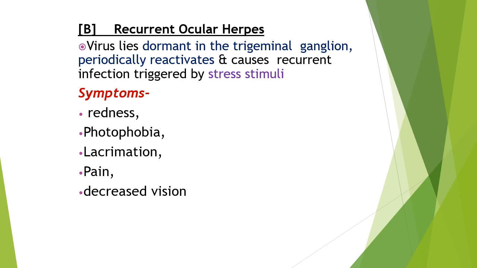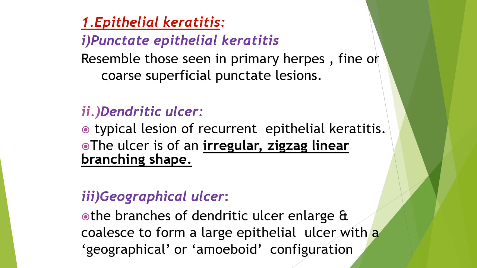So again the symptoms will be redness, photophobia, lacrimation, pain and decreased vision. As I told you, epithelial keratitis is in the form of punctate type and dendritic type, that is an irregular zigzag linear branching ulcer, and all these together form an irregular big ulcer that we call a geographical or amoeboid ulcer.